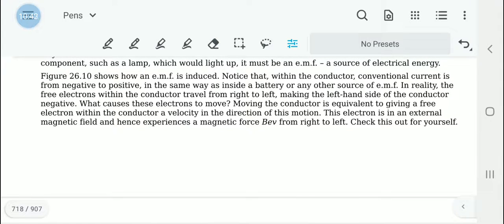Now, after you connect it to some other material, the electrons would flow back from negative to positive. That is actually the real flow of electrons, right? But here we are talking about the EMF that is being developed.